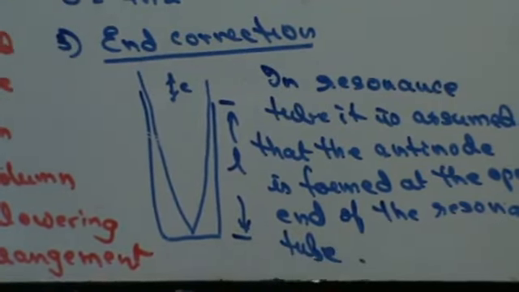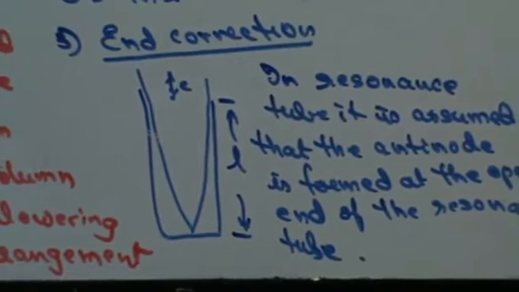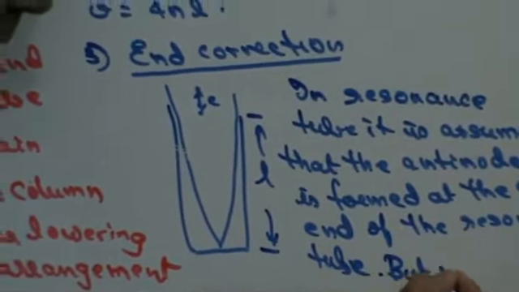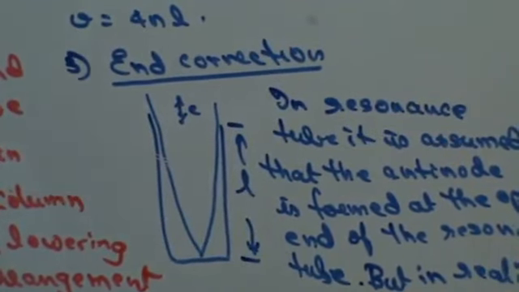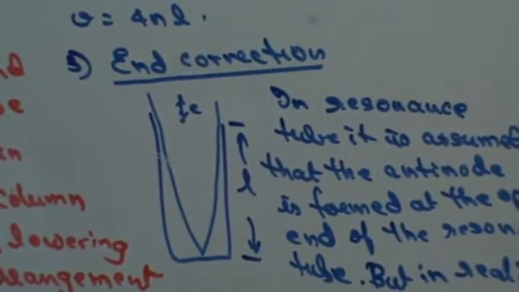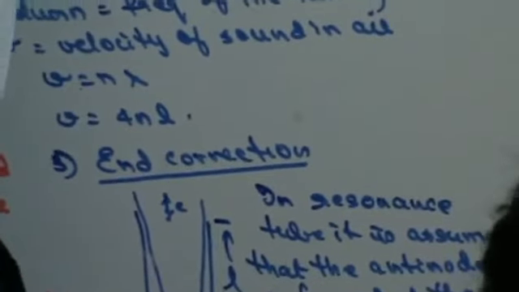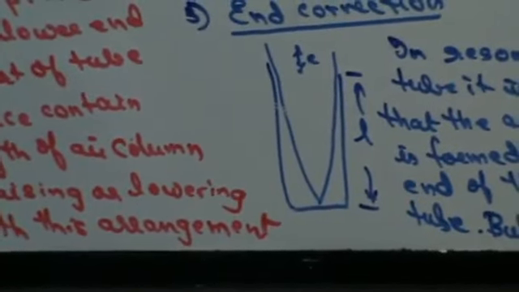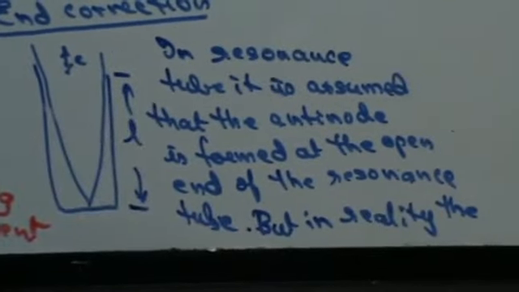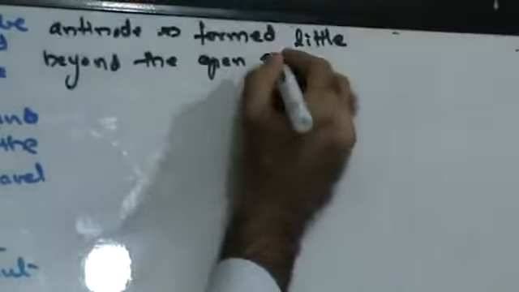You are assuming that the antinode would be formed at the open end of the tube, but in reality the antinode is formed a little beyond the open end, right?